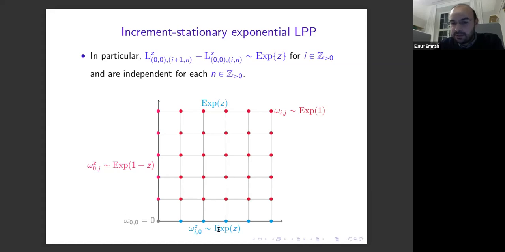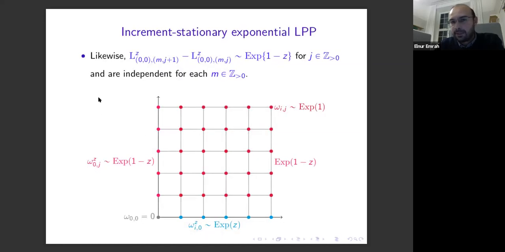So this distribution, exponential z, just gets translated across the horizontal lines. Likewise, if you look at the increments of the LZ process along any vertical line, those will also have the same distribution as the vertical boundary weights.